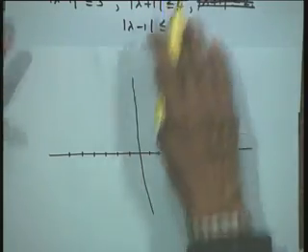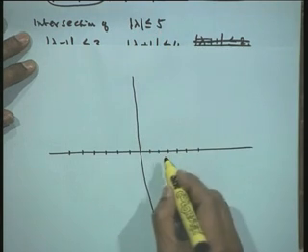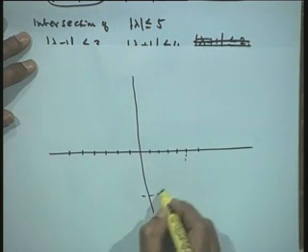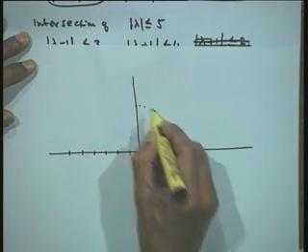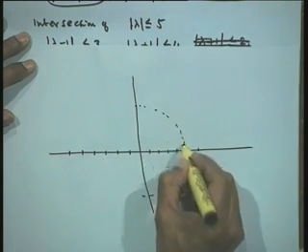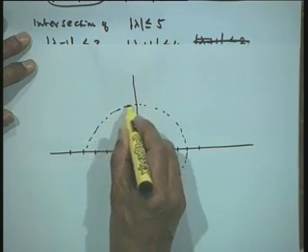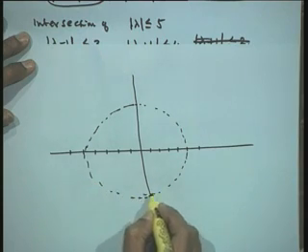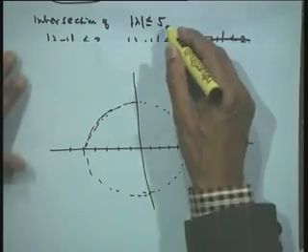The first one is a circle with center at the origin and radius 5. So, this is our first circle.